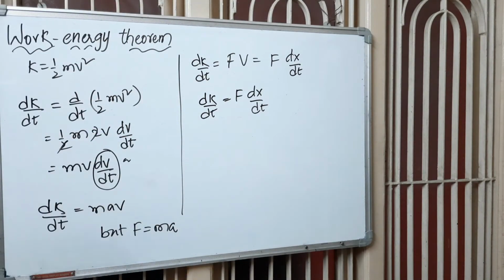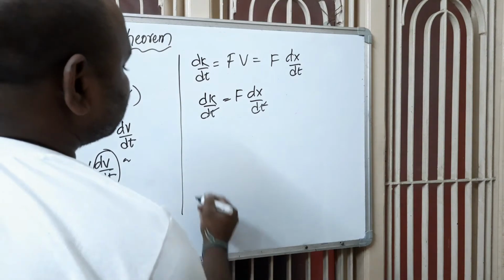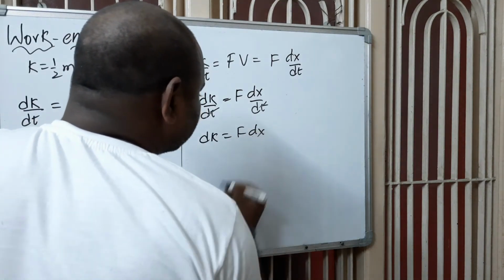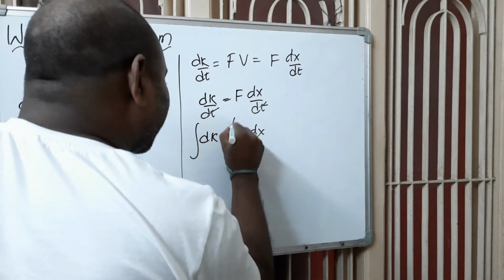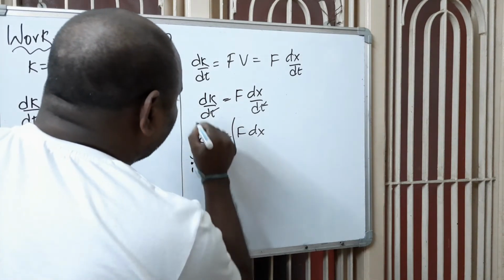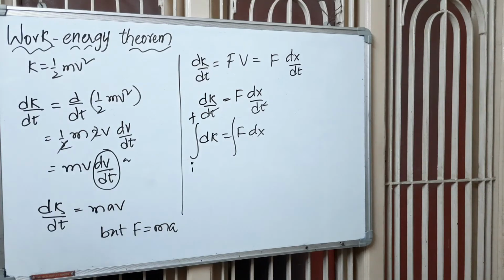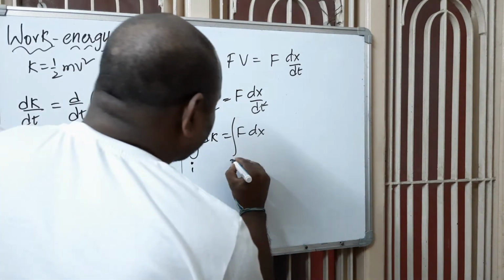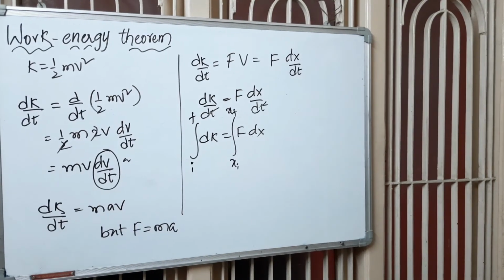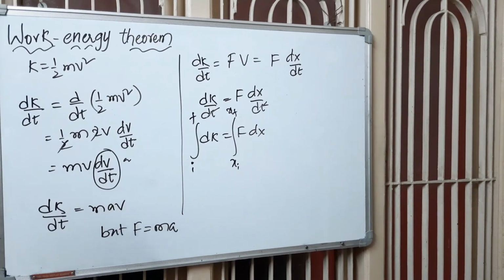Now dt gets cancelled, we get dK is equal to F dx. Integrating on both sides, dK and dx, this will be from i to f, and here you can take x i to x f.